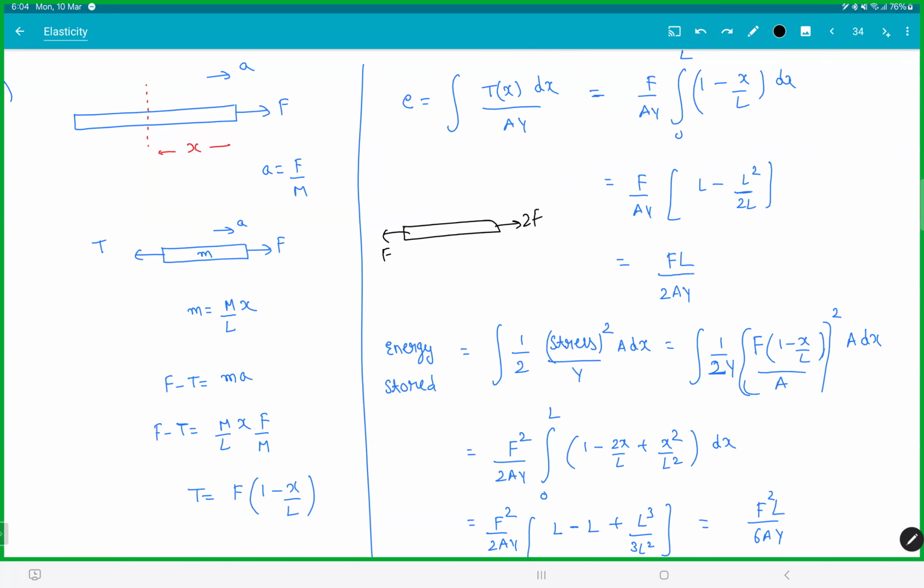That's brute force actually. Let's see the tension part.